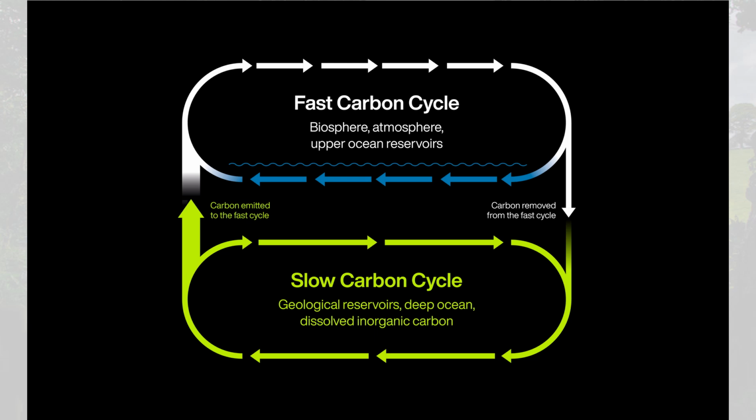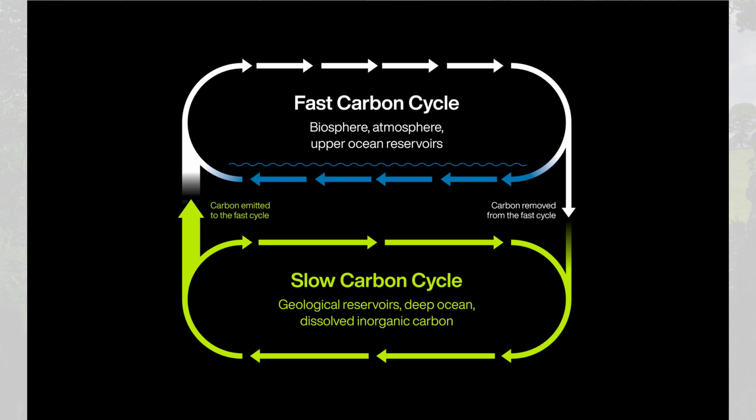The fast or biological cycle can complete within years, moving the carbon from the biosphere, then back to the atmosphere. The slow or geological cycle may extend deep into the mantle and take millions of years to complete, moving the carbon through the Earth's crust between rock, soil, ocean, and atmosphere.